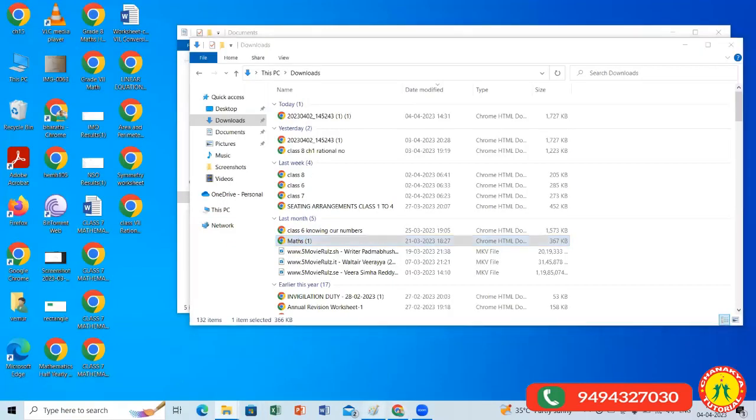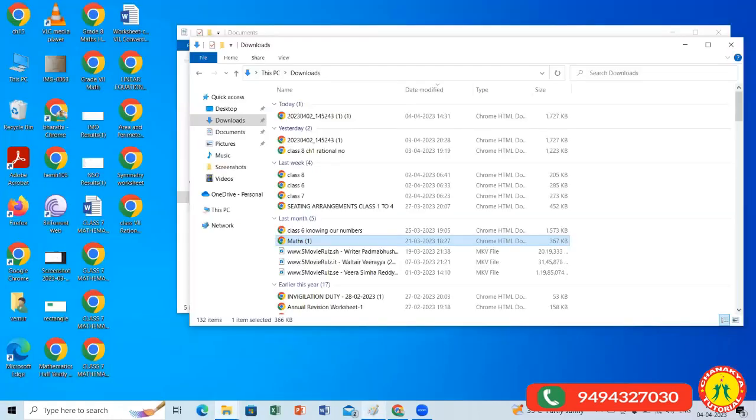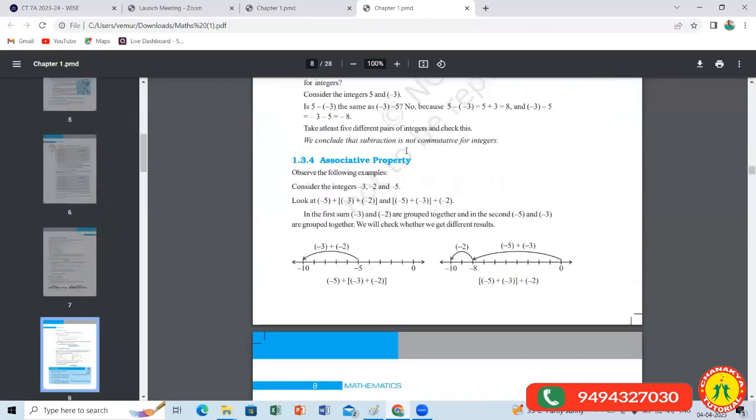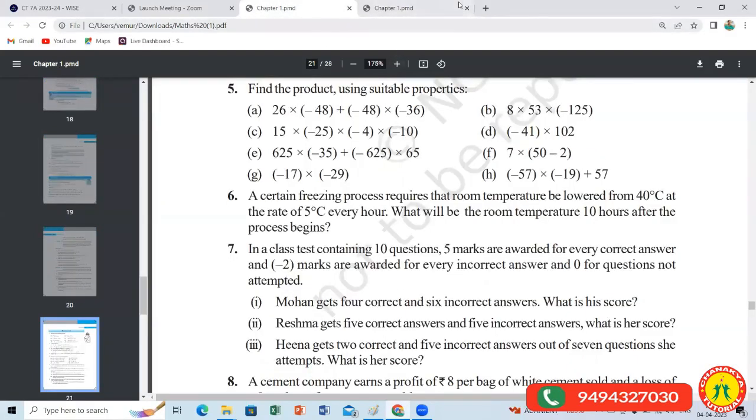Yes, ma'am. 15 into negative 25 multiplied with negative 4 multiplied with negative 10.